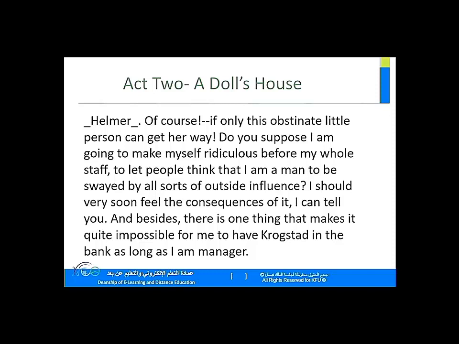He was about to be in prison, so he felt that Helmer is intending and planning to dismiss him out of the bank. So he came to Nora to ask for her help to convince Helmer not to do this, not to dismiss him out of the bank.